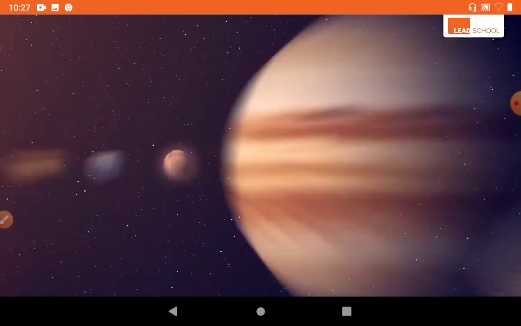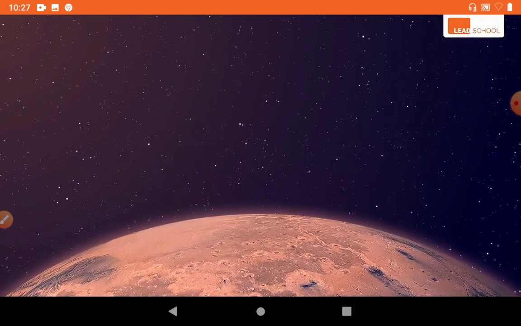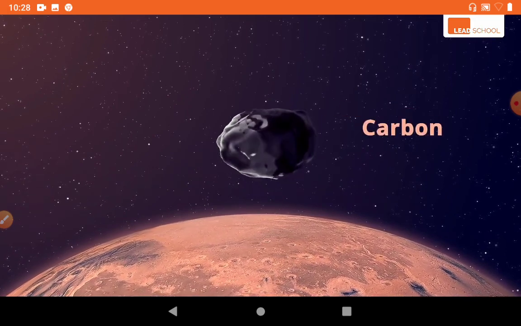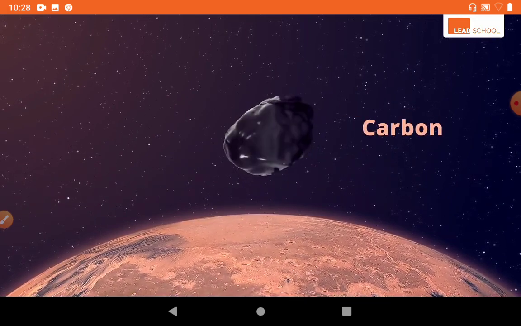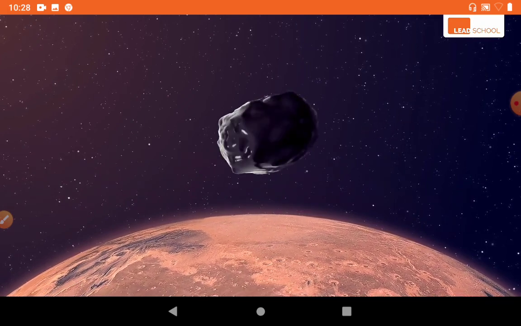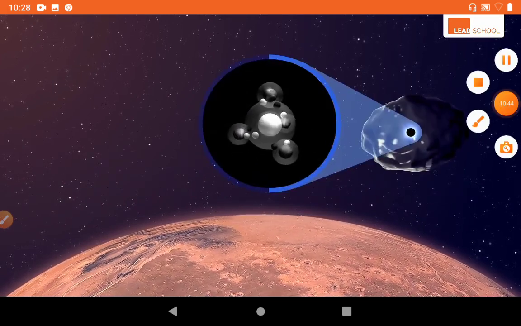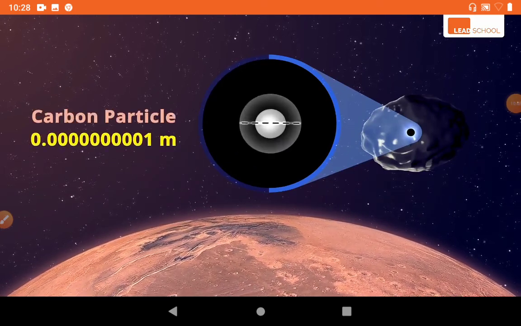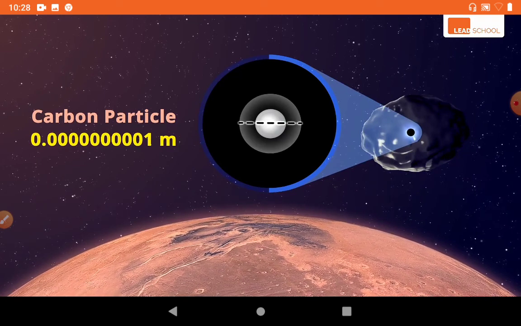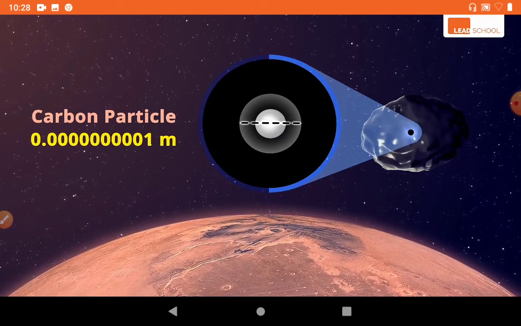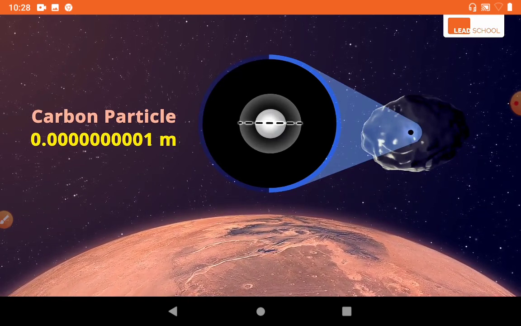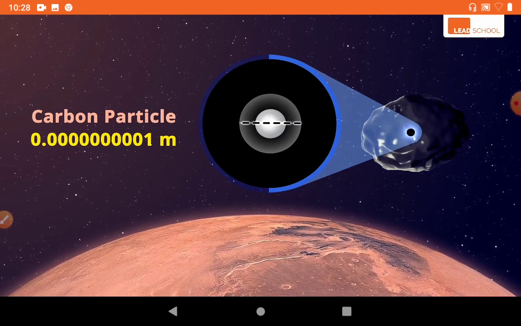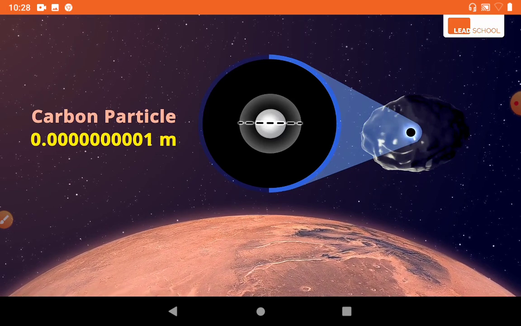Scientists send spacecrafts to other planets to look for signs of life by searching for traces of carbon. Carbon is made of very small particles. The diameter of one carbon particle is around 0.00000000001 meters. This figure is very difficult to read, so these kinds of numbers can be written using the standard form. Let us see how.